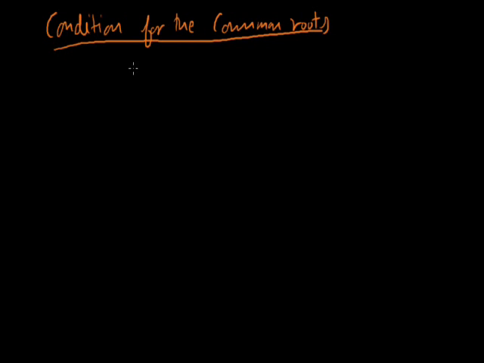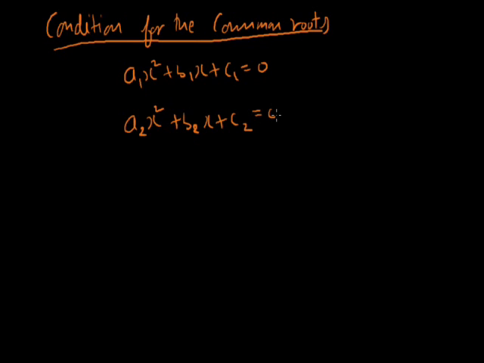Now we see the condition for the common roots. Let's say we have two quadratic equations, a1 x square plus b1 x plus c1 equals to 0, and the second a2 x square plus b2 x plus c2 equals to 0.